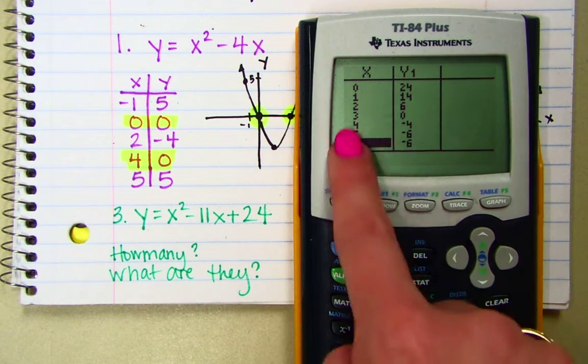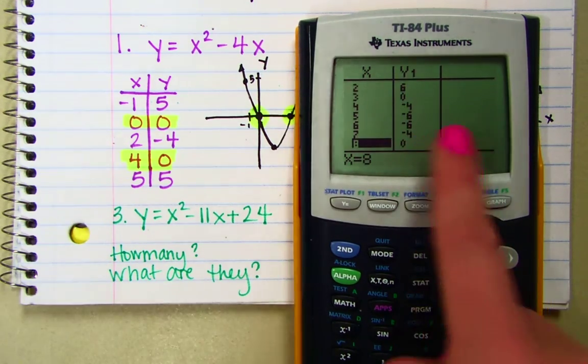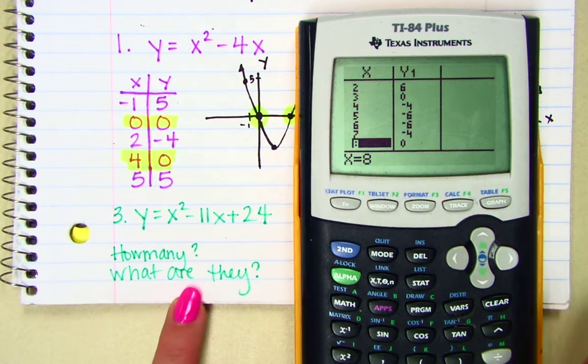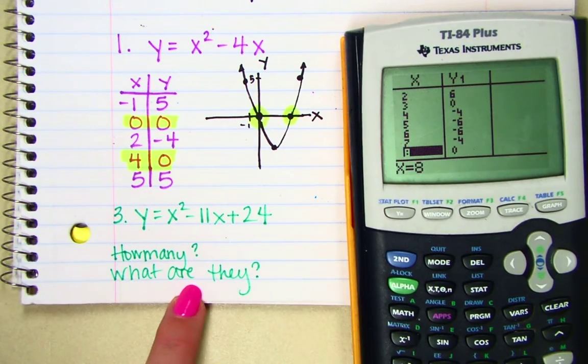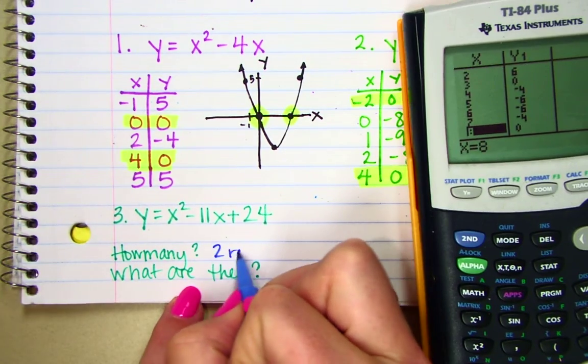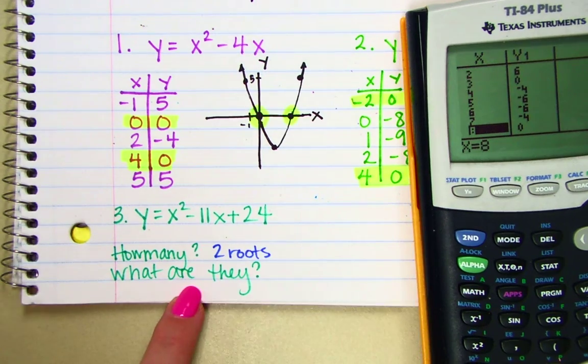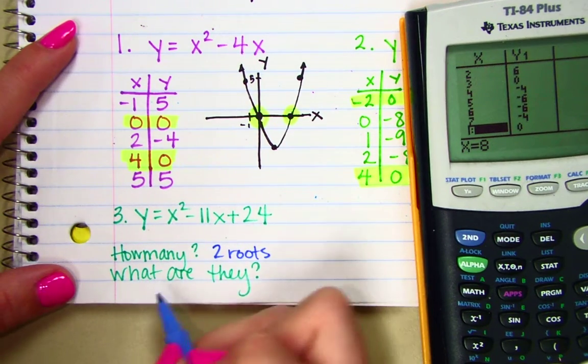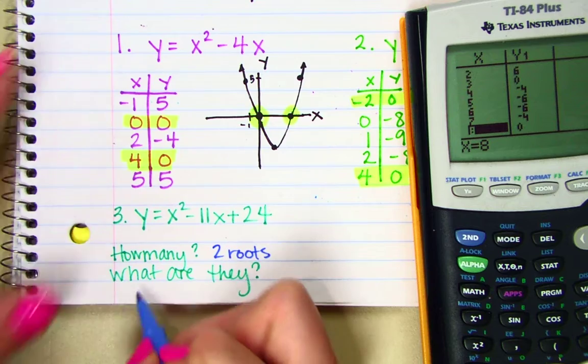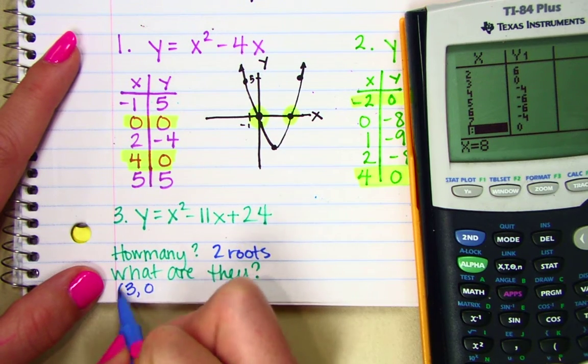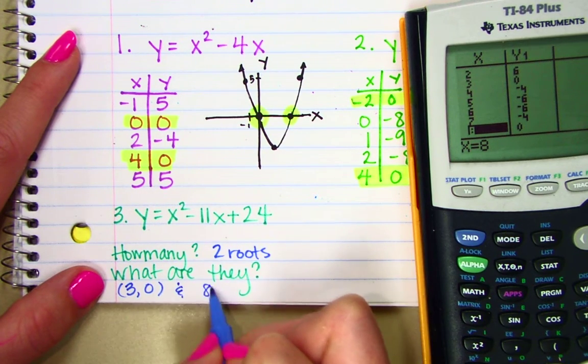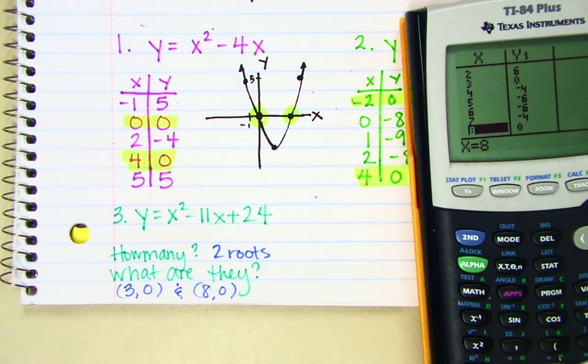All right, 3, 0, and 8, 0. Okay, so where it says how many, we already answered that. There were 2, all right, 2 roots. And what are they? We can call it like this. 3, 0, and 8, 0. All right, those are my 2 roots, my 2 solutions for this equation.